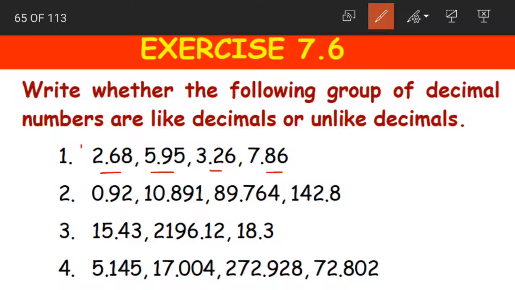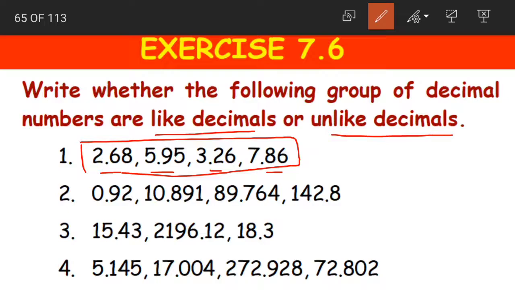Now we have to say whether this group of numbers are like decimals or unlike decimals. If we observe, yes children, all the four numbers have the same number of decimal places, that is 2. All the numbers have only 2 decimal places.